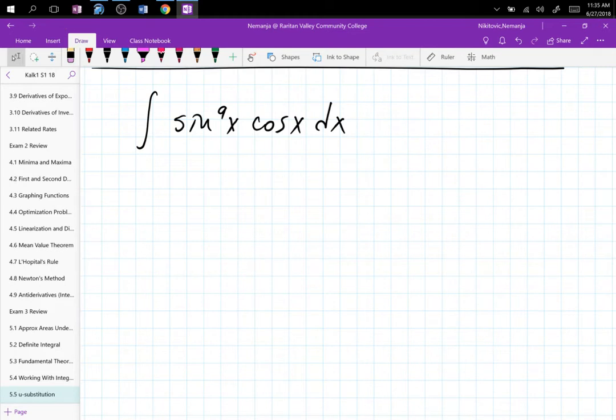What I see is a polynomial. Now you go, eh? And I say, yeah, because the derivative of sine is cosine, which means entire sine x is u, right? The next step kills trig completely, because this is actually u to the 9.